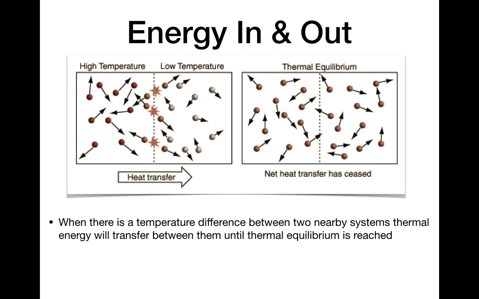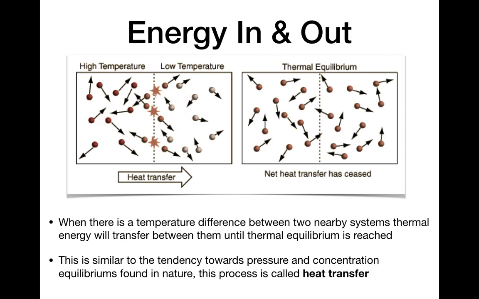So these particles will be moving a lot more than these ones, and through collisions with the particles, it's going to transfer that thermal energy from the high temperature to the low temperature. So this idea of having a gradient, an equilibrium you're trying to reach, is very common in natural systems.